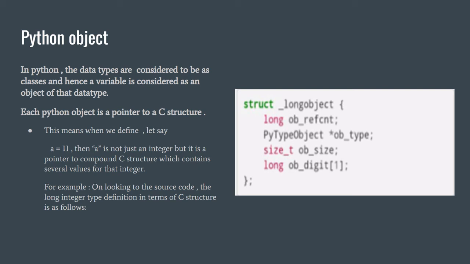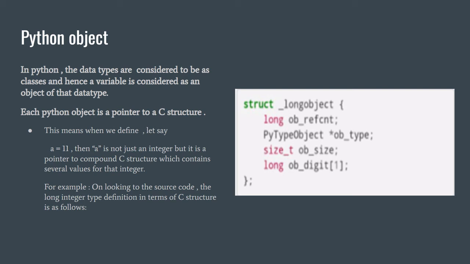Now this variable, depending on the type of value that is stored in it, will point to some C structure that contains information about that type of variable, and based on that information, the Python interpreter will know that this is the value and this is the type of the value.